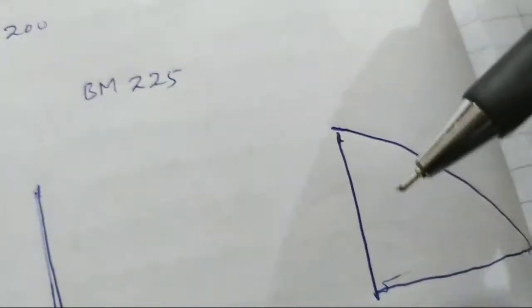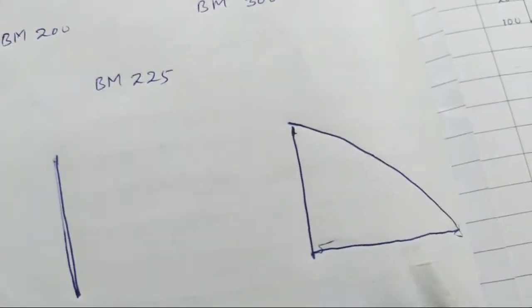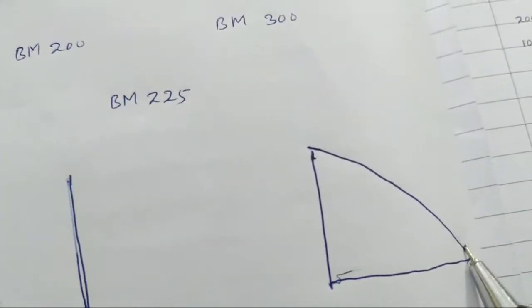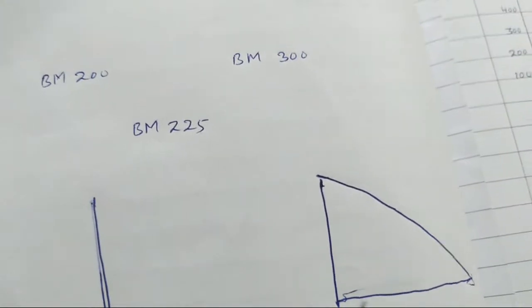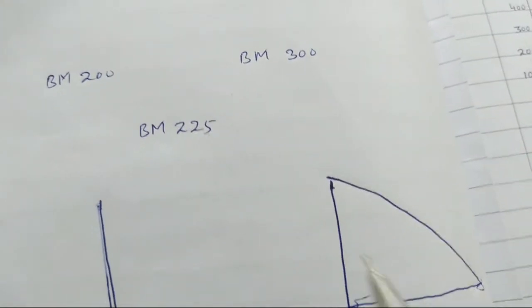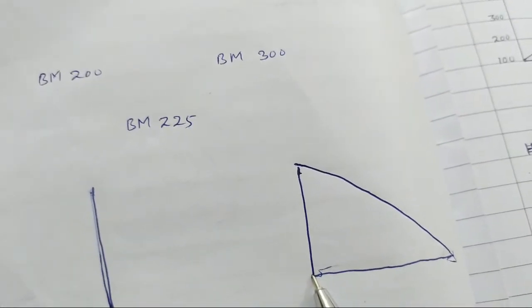Suppose you know this base, and here you know this angle. So with the help of this angle and the length of this base, you can find this height very easily.